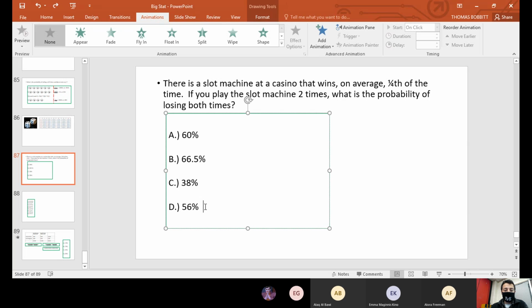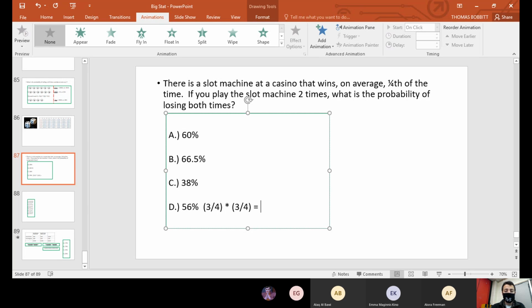All right, and the one way you guys probably did it was you probably worked out the multiplication rule. So you have a 3/4, 75% chance of losing on the first one, and a 3/4, or 75%, chance of losing on the second turn.